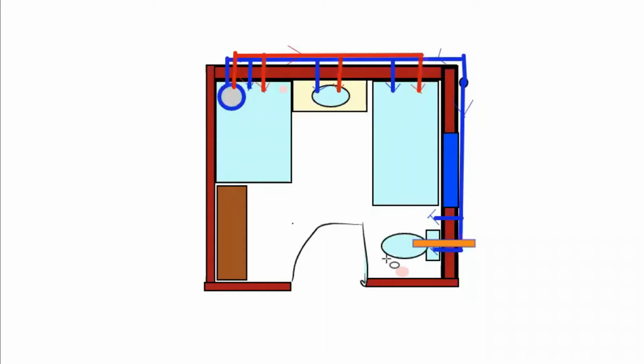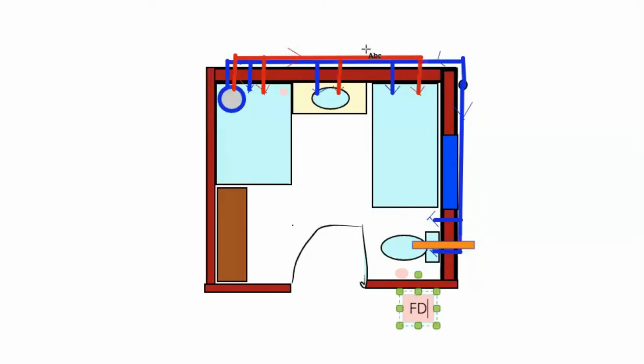One in the shower area and the other one near the WC or basin. If this is together, then in the middle of basin and WC, you can have a floor drain. This is the floor drain, FD, and this is called floor trap, FT. What is the difference? A trap will collect the water and has a depth within it, and then the overflow will be sent to the waste pipe.